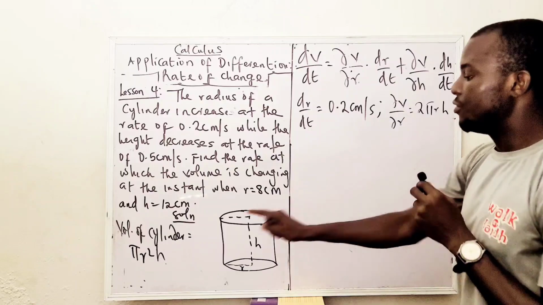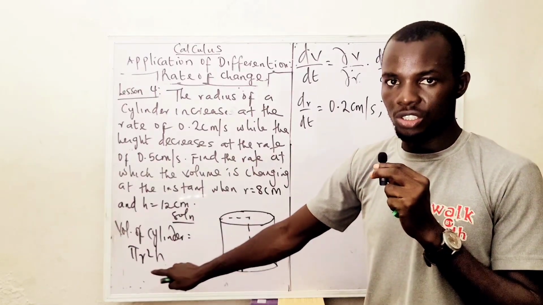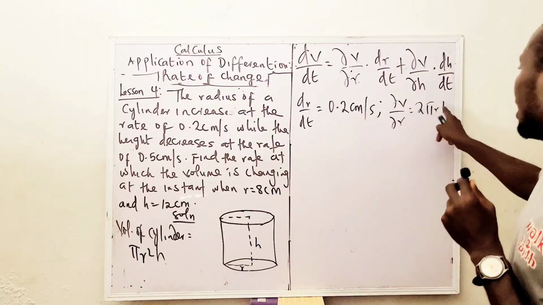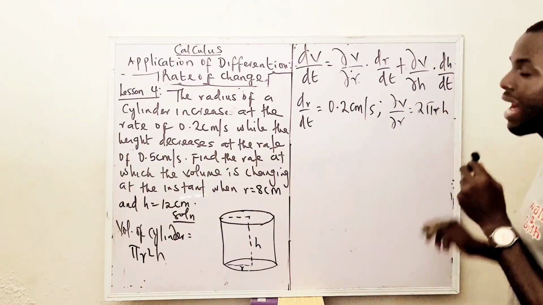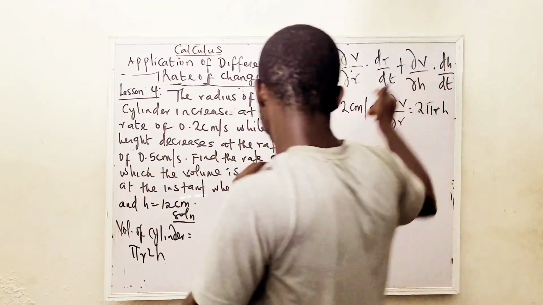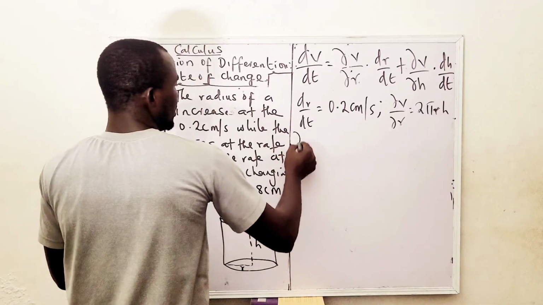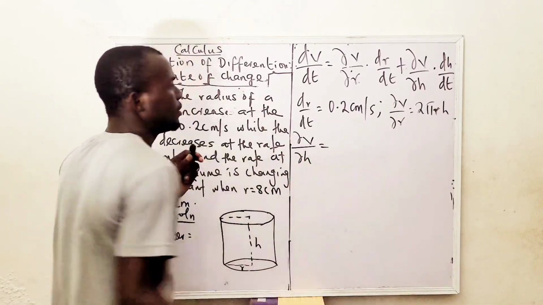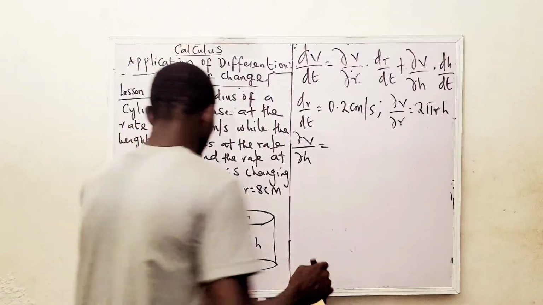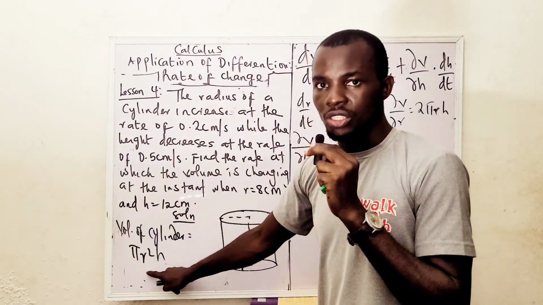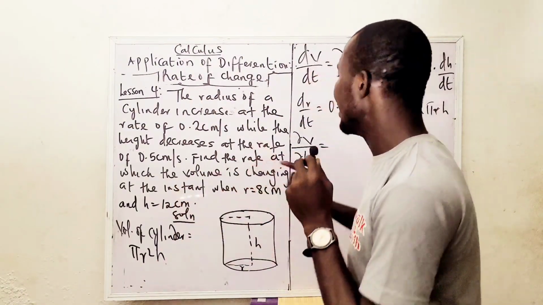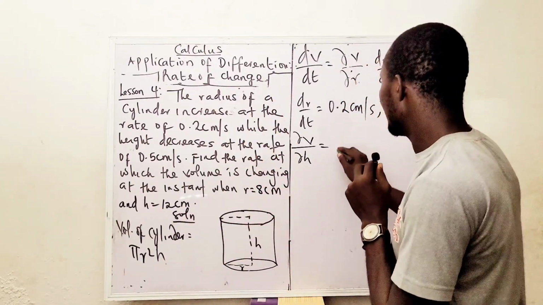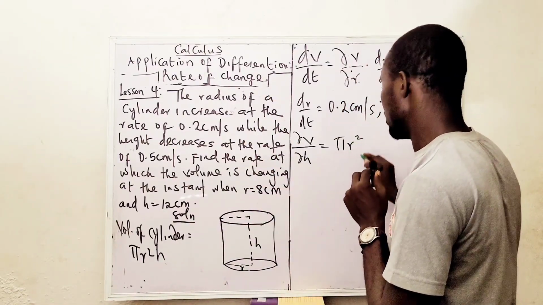It means differentiate only the radius, which is squared, and the 2 will come forward, and then you have 2 pi rh. Now, what's the next one? The partial of V over the partial of h: you keep your radius constant, don't touch the r, and then differentiate the rest. If you differentiate h, you'll get 1. So this is going to be pi r squared.